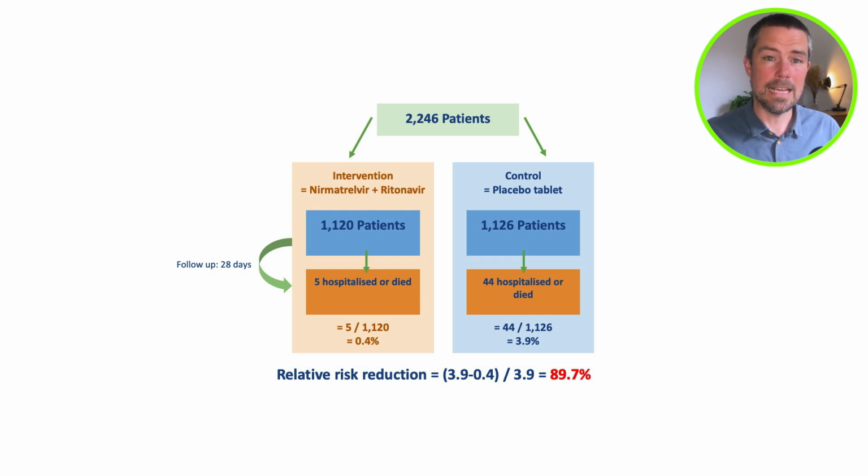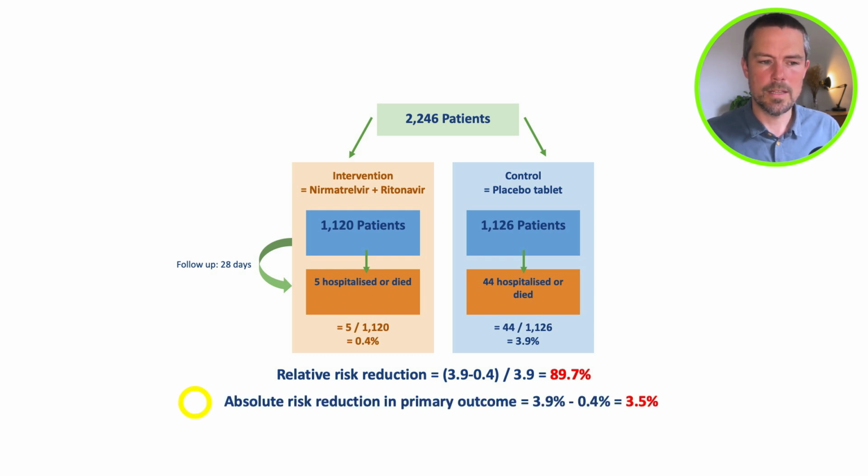In terms of the absolute risk reduction, well, that looks at the control event rate, 3.9%, minus the experimental event rate, which is 0.4%. And that would give an absolute risk reduction in the primary outcome of 3.5%, which sounds very different to 90%. The number needed to treat is the inversion of the absolute risk reduction.